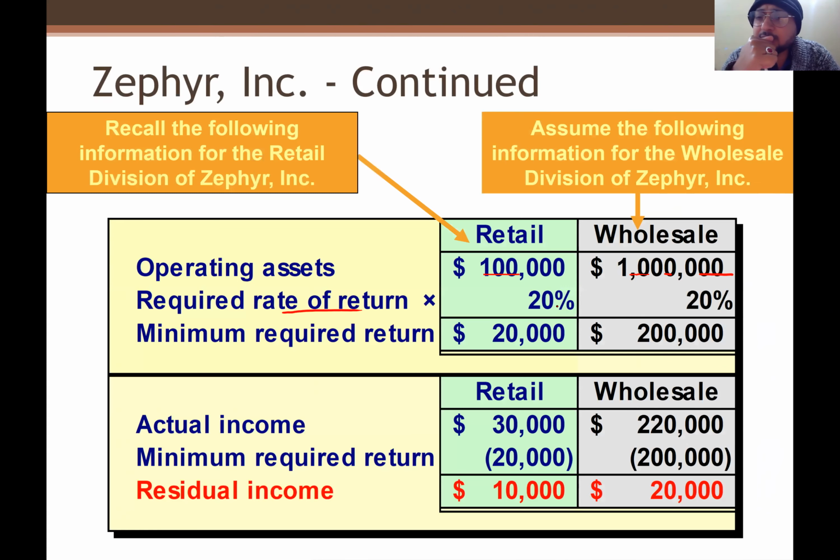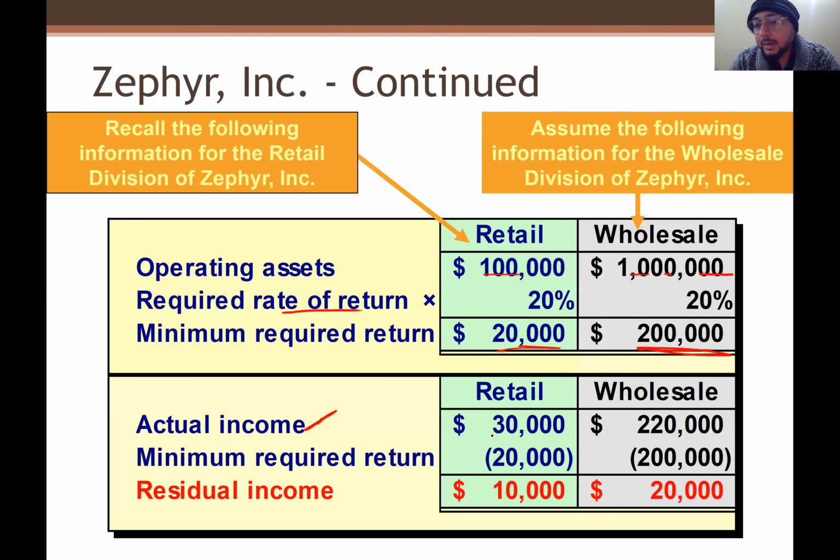So both managers have to earn 20%. Their target is that the retail department must earn at least $20,000 and the wholesale department must earn $200,000, right?